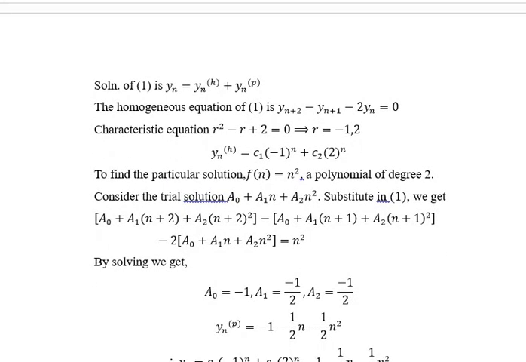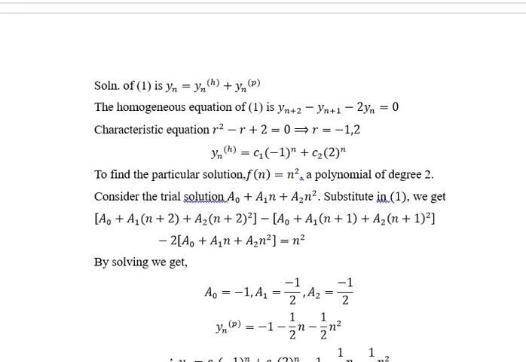While substituting, we get a0 plus a1 into (n+2) plus a2 into (n+2) whole square, minus [a0 plus a1 into (n+1) plus a2 into (n+1) whole square], minus 2 times [a0 plus a1 n plus a2 n square], is equal to n square.